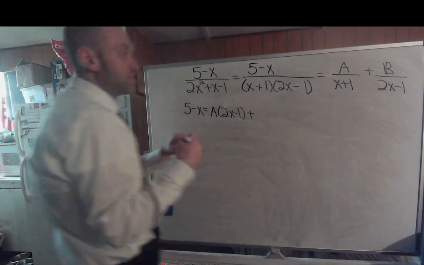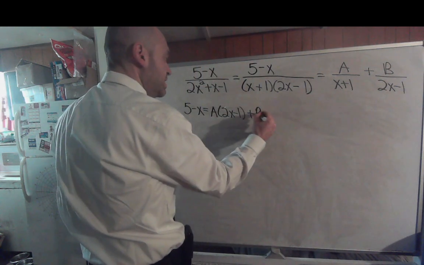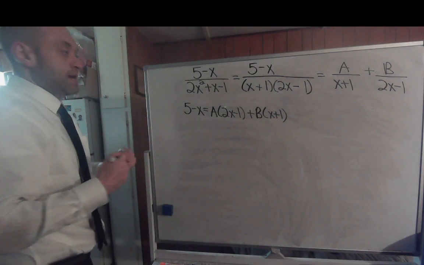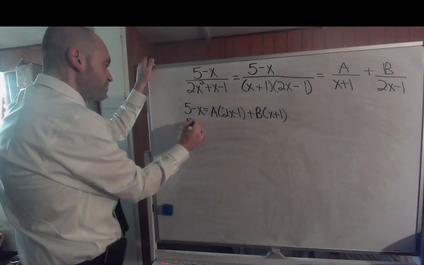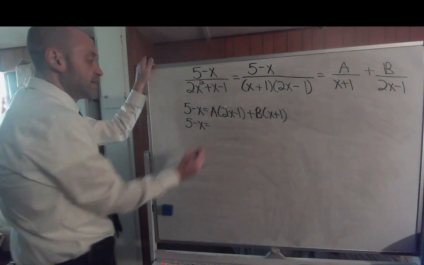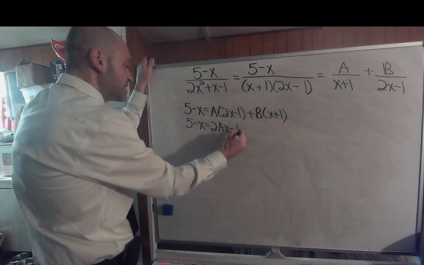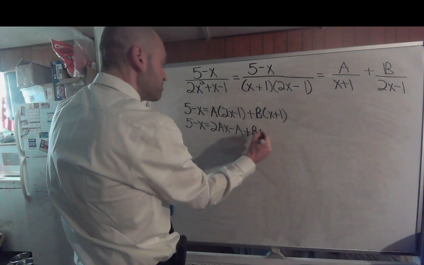Plus, if you take your second term, multiply it by the common denominator, that would just turn into b times x plus 1. All right, let's go ahead and distribute now. So you'll end up having 5 minus x is equal to 2ax minus a plus bx plus b.